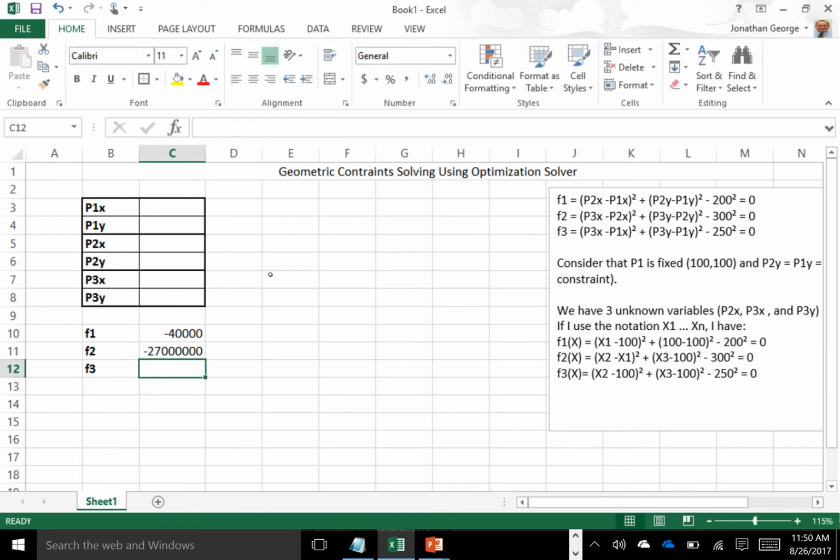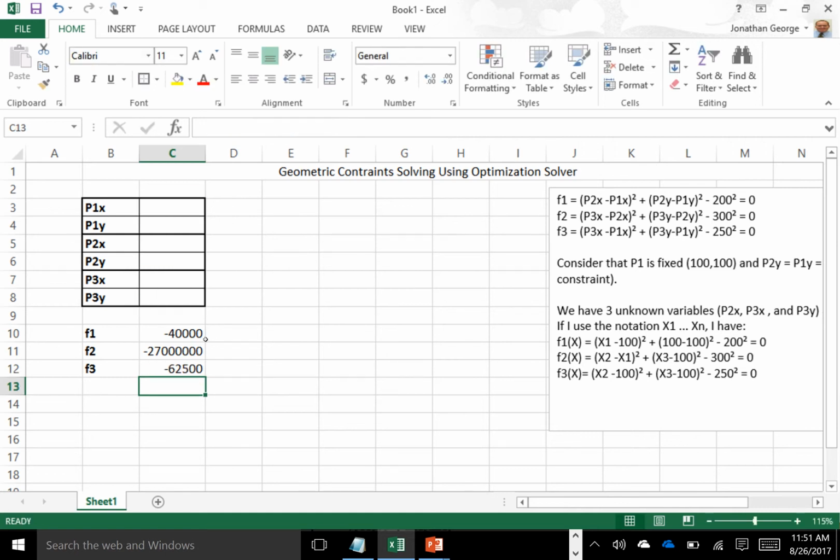Okay, and then the last one is going to be P3x minus P1x, this quantity squared, plus P3y minus P1y, squared, minus 250 squared.